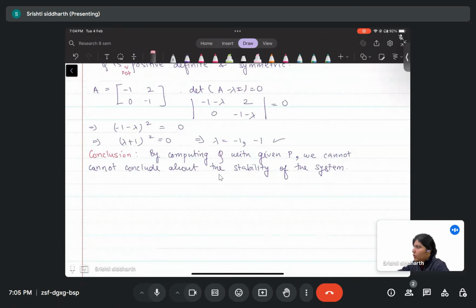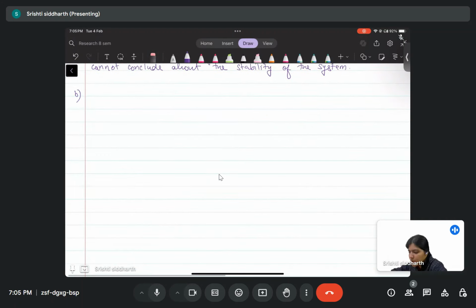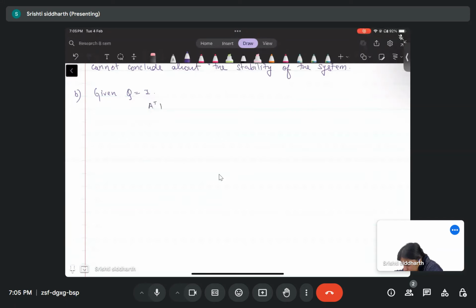Alright. So we also have the second part of this question, which is straightforward. So we have been given Q as identity. Now we have to find P and then comment on the stability of the system. Okay. So the Lyapunov equation is A transpose P plus PA equals minus Q. Say that at the outset, assume that P is symmetric.